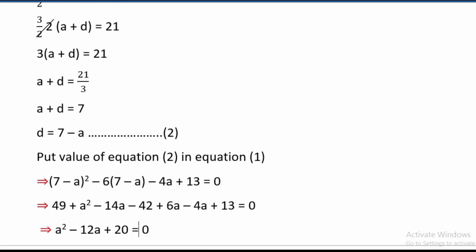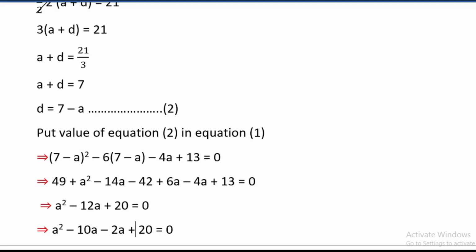So next, a square minus 14a minus 4a plus 6a is equal to minus 12a, and 49 minus 42 plus 13 is equal to 20. So a square minus 12a plus 20 is equal to 0.